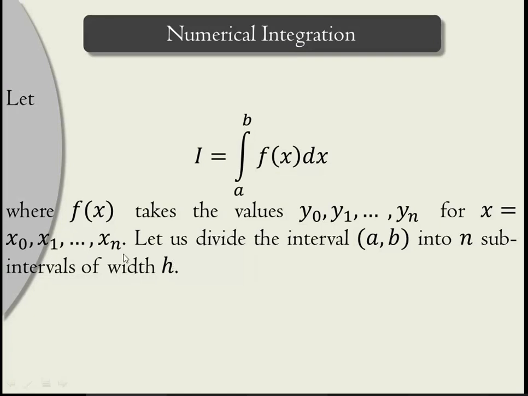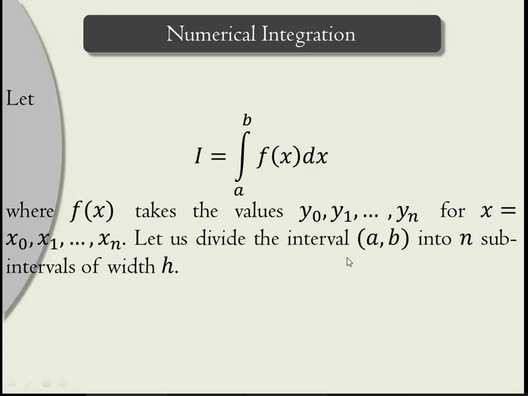These are called subintervals. x0 to x1 is a subinterval, x1 to x2, x3 to x4, like that. These are the subintervals of the main interval AB. A is the lower limit of the integral and B is the upper limit. We divide this main interval into n subintervals of width h.